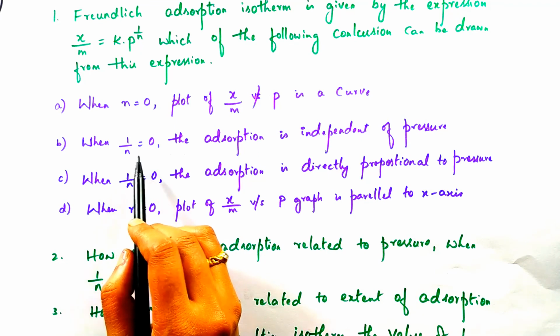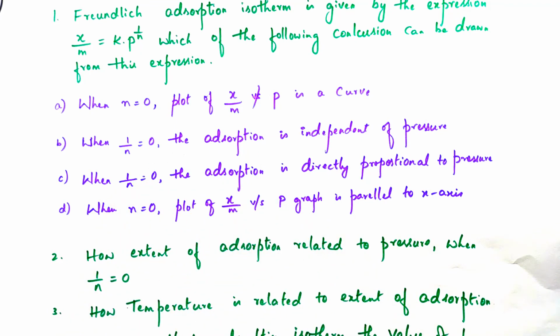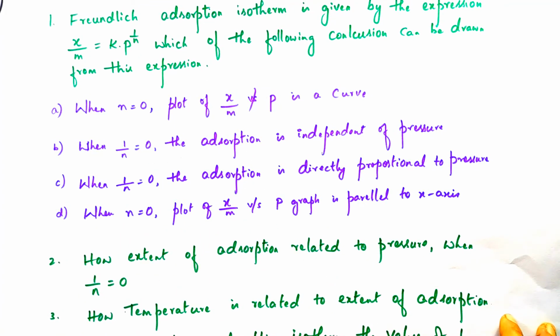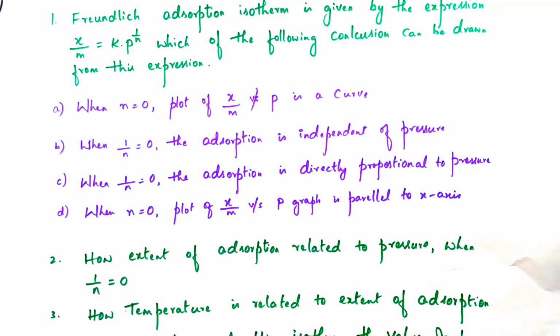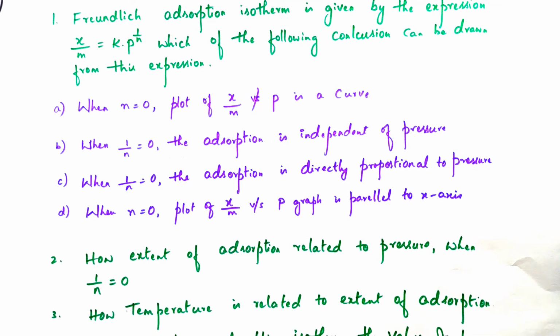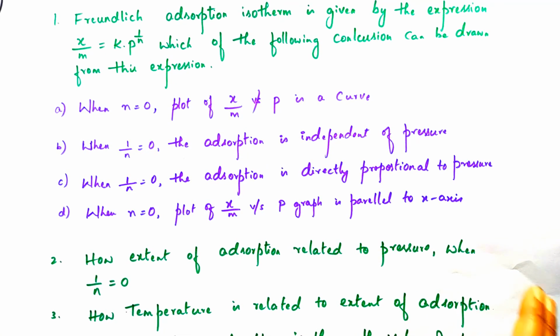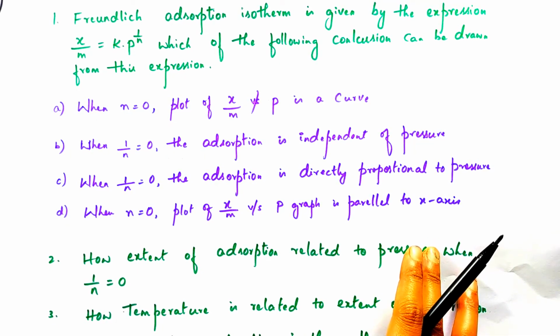When 1 by n is equal to 0, the adsorption is independent of pressure. Third option: when 1 by n is equal to 0, the adsorption is directly proportional to the pressure. And option 4: when n is equal to 0, the plot of x by m versus pressure is parallel to the x-axis.